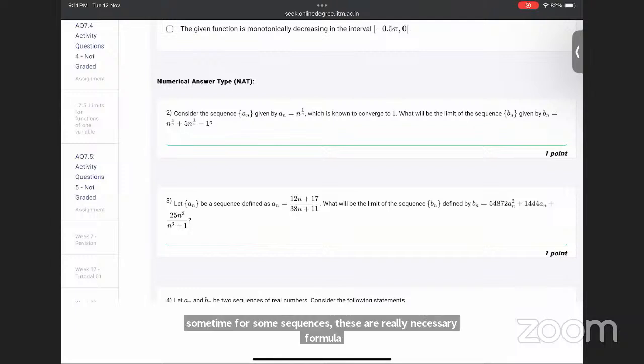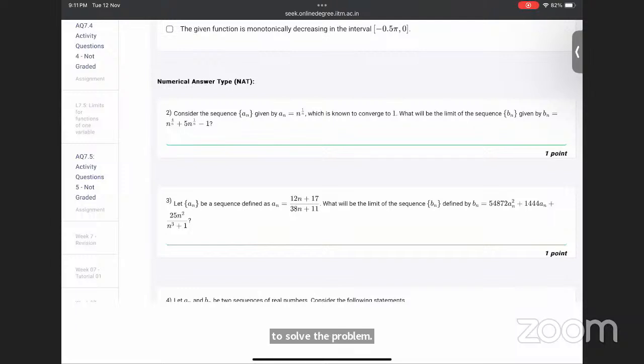So these are very important. At least the sum of first n numbers or the squared sum of first n numbers, AP, GP, they're important. You may have to use this type of thing sometimes somewhere.